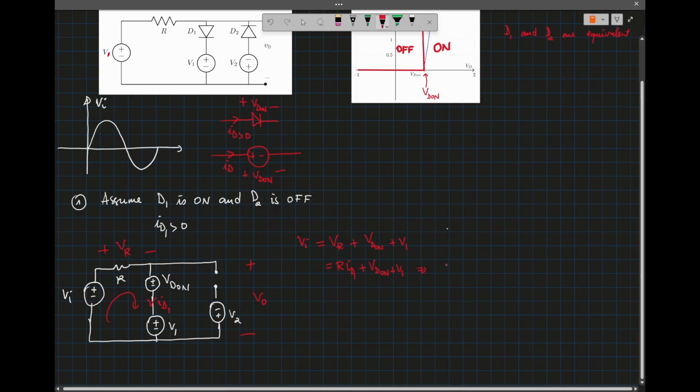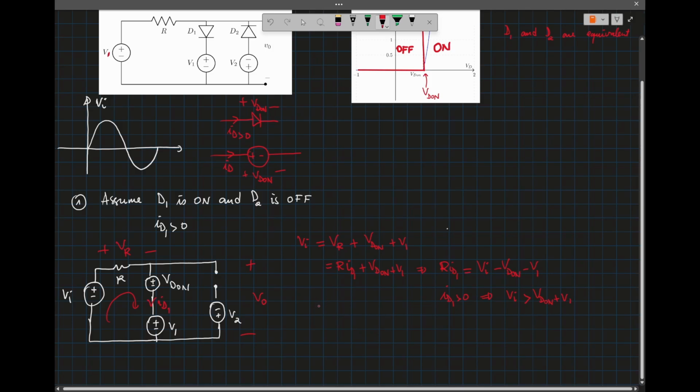This implies that R ID1 is equal to VI minus VD on minus V1, and we know that diode D1 is on, so ID1 is positive. This implies that VI is bigger than VD on plus V1.